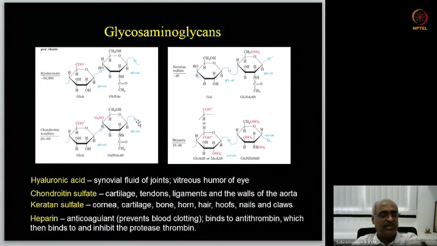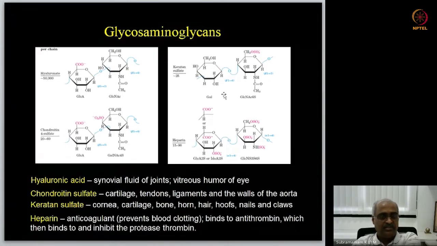A similar molecule is keratan sulfate. When you think of horns, hooves, hair, nails, claws, and our own cornea, they all have this keratan sulfate. There again you have a similar structure. Here the uronic acid component is not there. So these two have uronic acid and this doesn't.